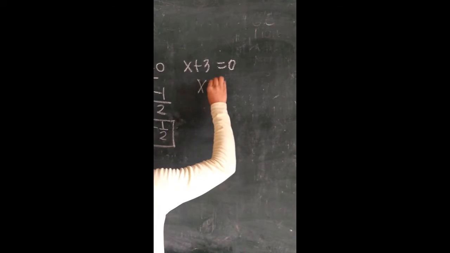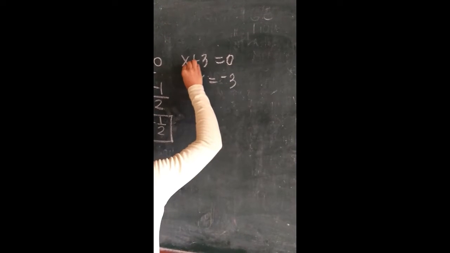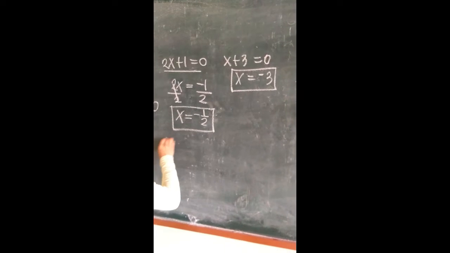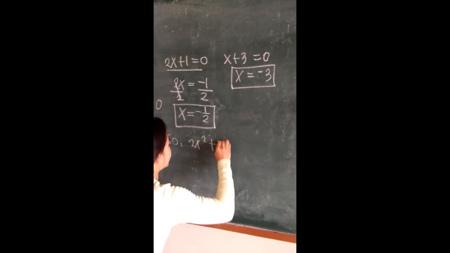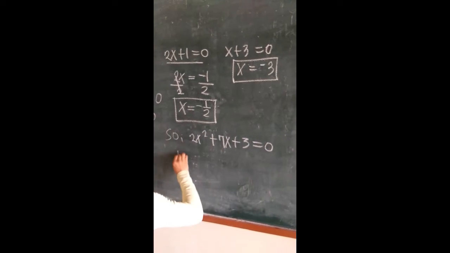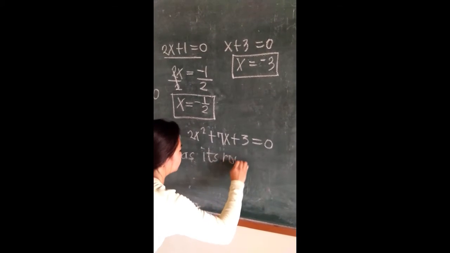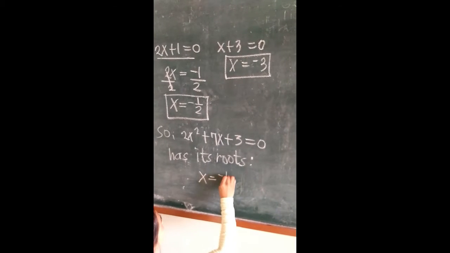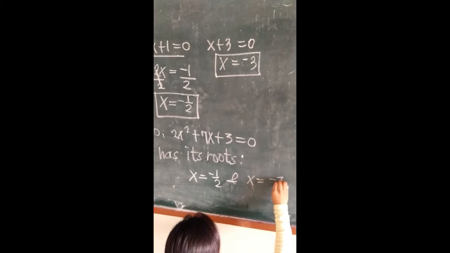Copy x and transfer 3 to the right side, which becomes negative 3. So, 2x squared plus 7x plus 3 equals 0 has roots x equals negative 1/2 and x equals negative 3.